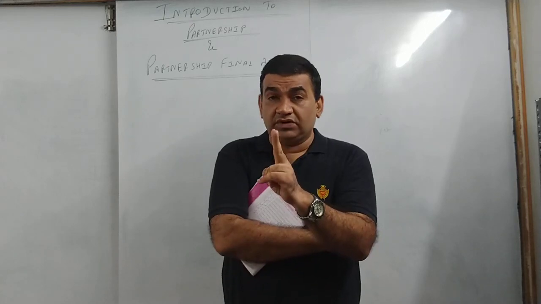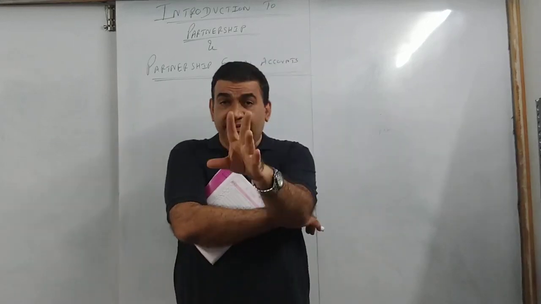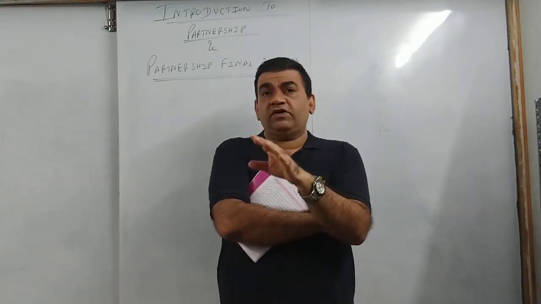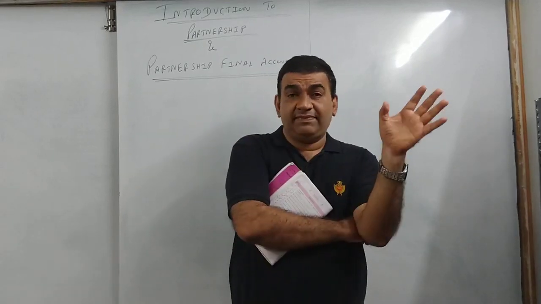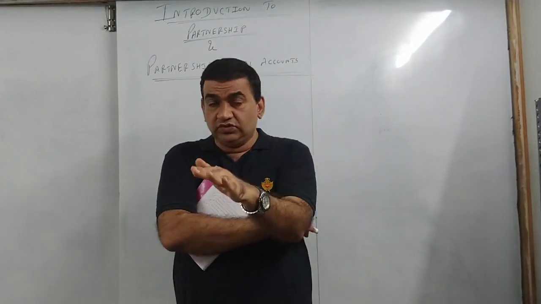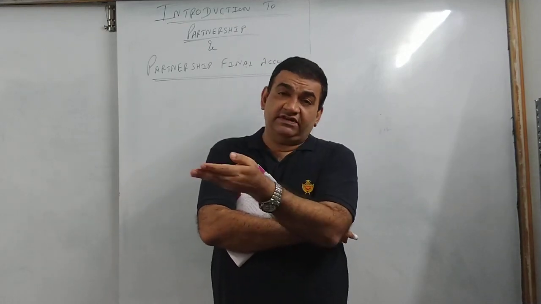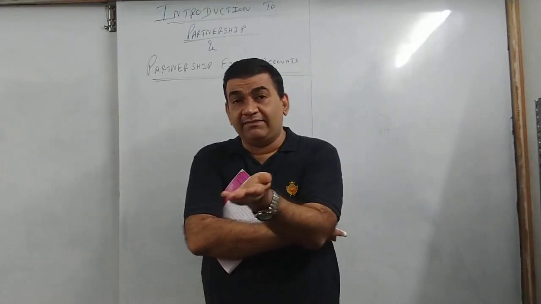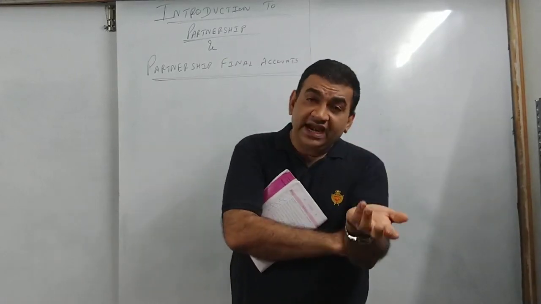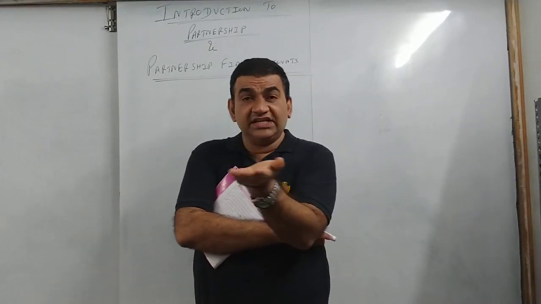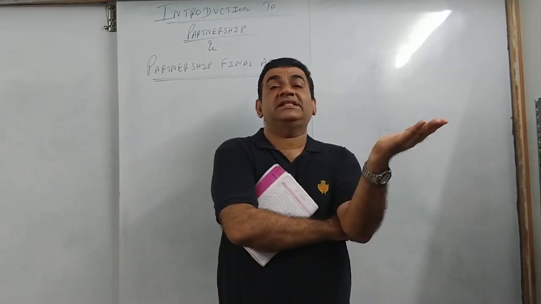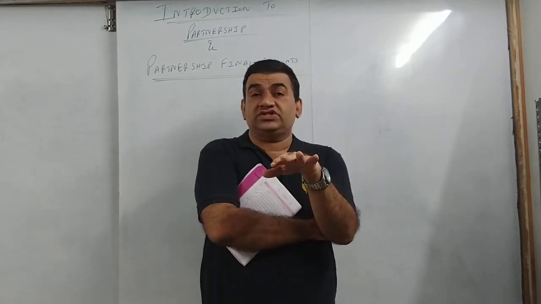Minimum 2, there can be more. So say for example, there are 3 people. Whatever profits you earn will be divided by 3. Whatever loss you incur will be borne by 3. If there are 5 partners, they will share the profits, or all 5 will bear the losses. If there are 8 partners, all of them will share the profits, or all of them will bear the losses in case there are losses.